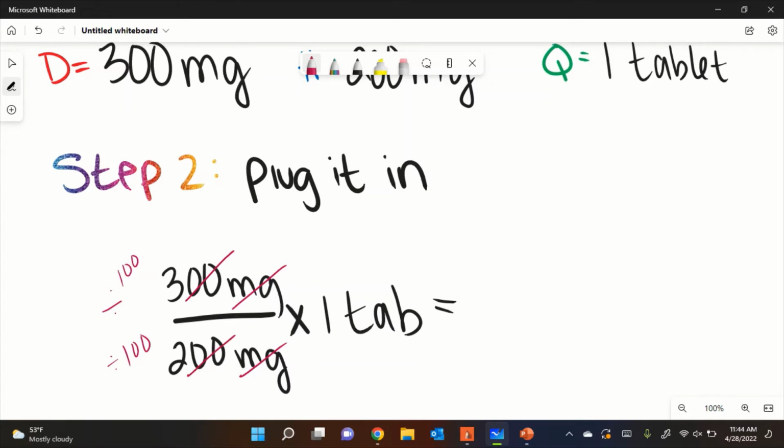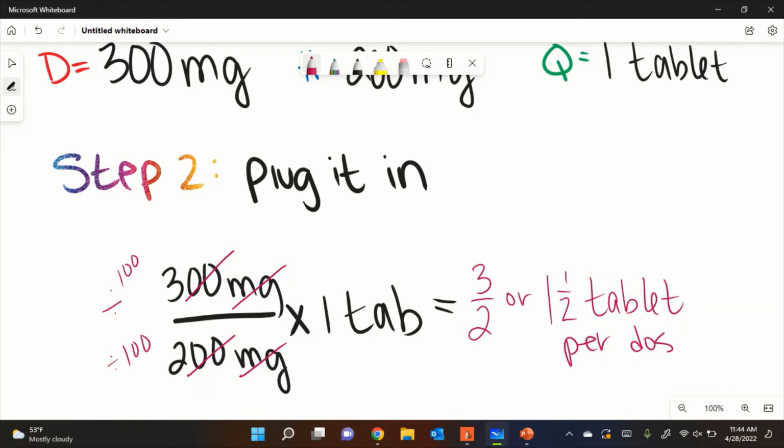And so we're left with 3 over 2 times 1 tablet. 3 over 2 times 1 tablet, that is 3 halves of a tablet, or 1 1/2 of a tablet. And this is always going to be per dose.